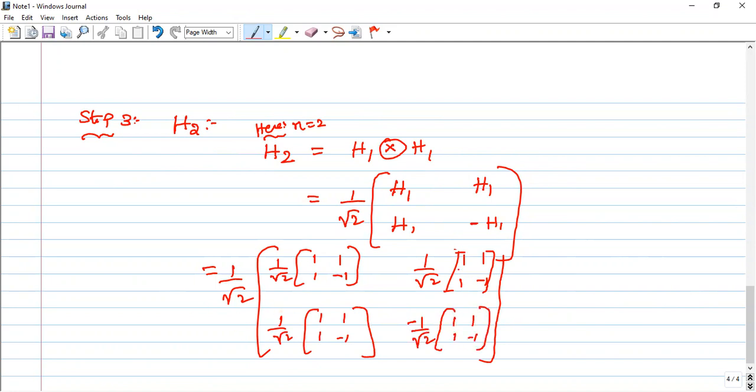Now take 1 by root 2 common. What happens? 1 by root 2 into 1 by root 2 is 1 by 2.